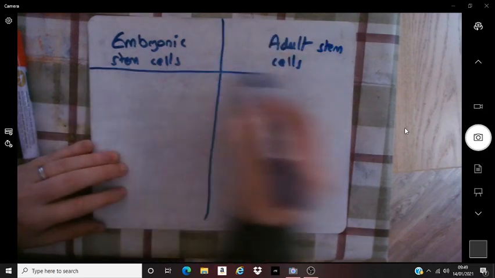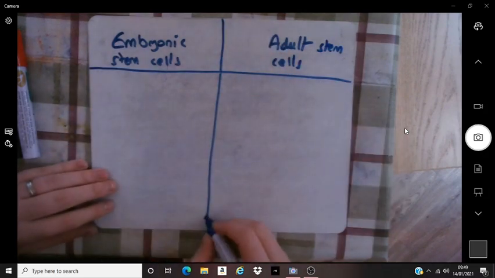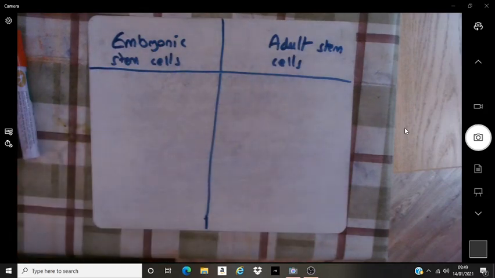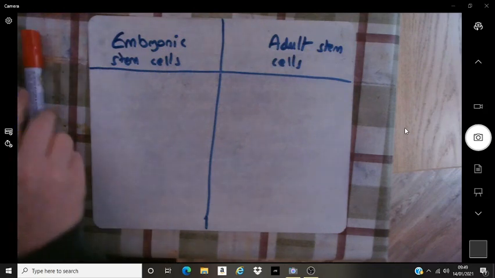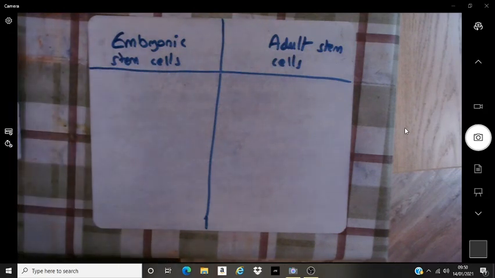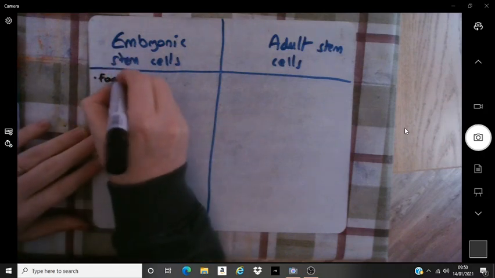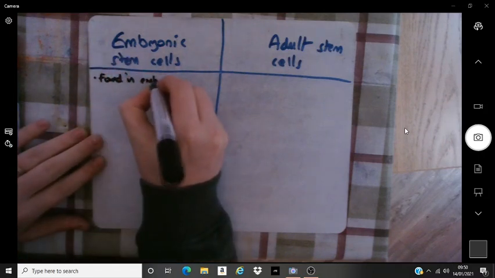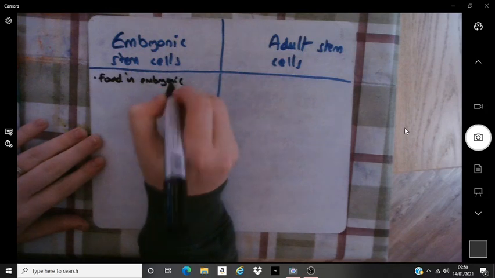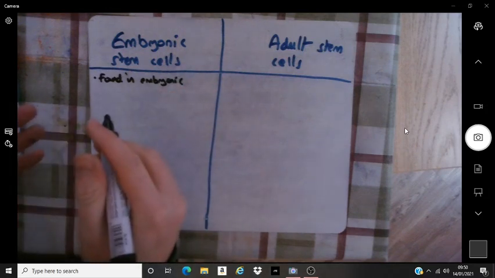So what I'm going to do is a quick table to run through the key similarities and differences between these groups. Okay? So embryonic stem cells, they are of course found only in embryos. You can also get very similar stem cells from the umbilical cord that you can access.